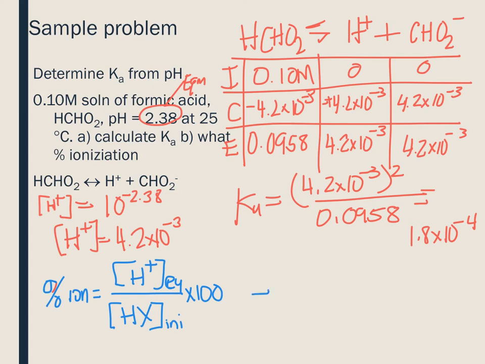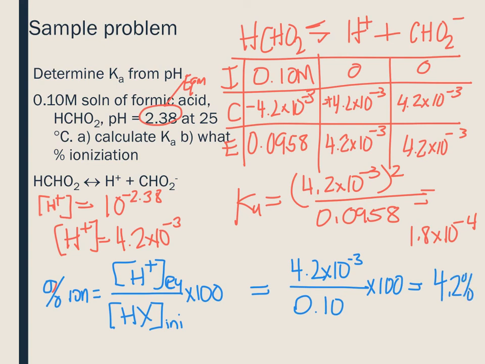With the numbers we have, we're going to take our H plus at equilibrium, so 4.2 times 10 to the negative third, all over my initial acid concentration of 0.1. This is comparing what I had and what actually broke up, and then I'll multiply that by 100, and this one is ionizing 4.2%.